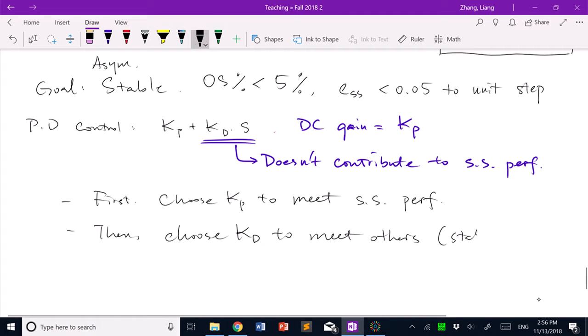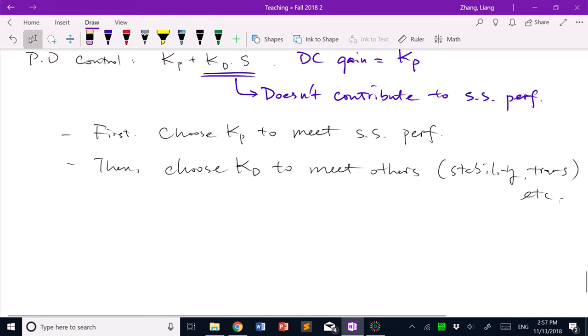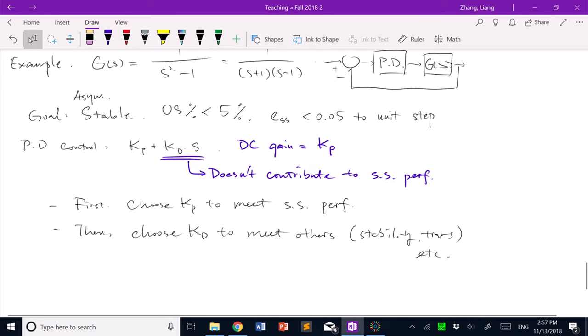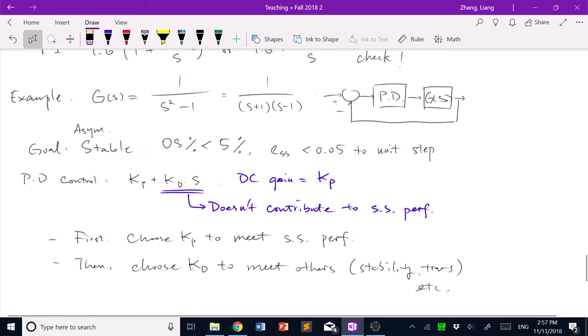Others means stability if it's applicable, transient apparently, and etc. if there are others. Now let's see if this is the case for this particular system. What can we do?